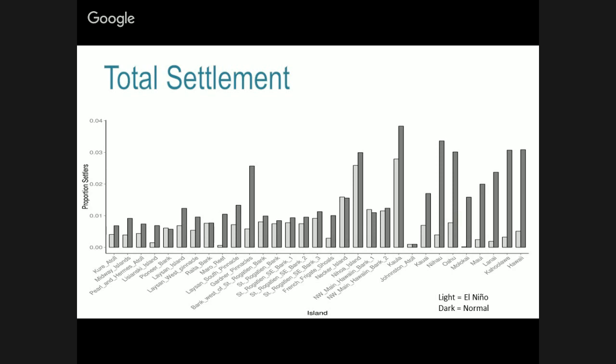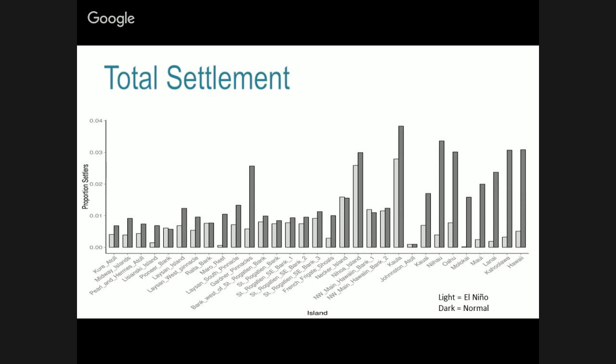So looking at total settlement, just keep in mind that the light bars are the El Nino events, so the 97, 98 data, and then the dark bars are the normal state, or the sort of recent 3 years. And we can see here, we have the islands down on the x-axis, and then the proportion of the larvae that were released that successfully settled.